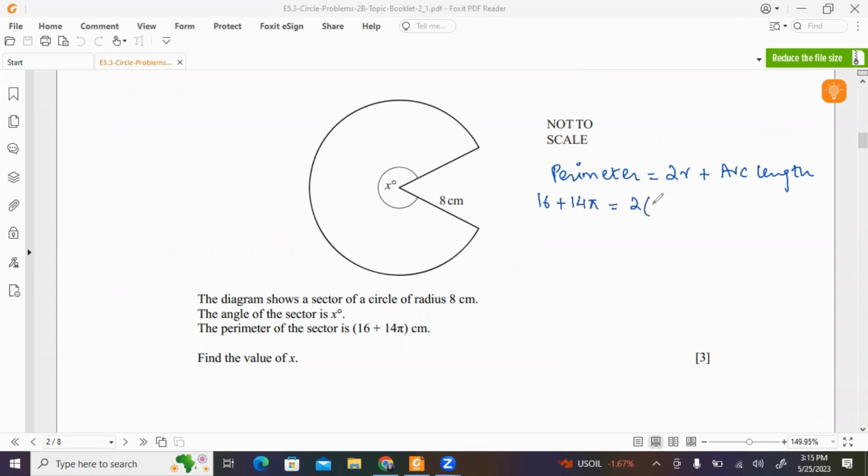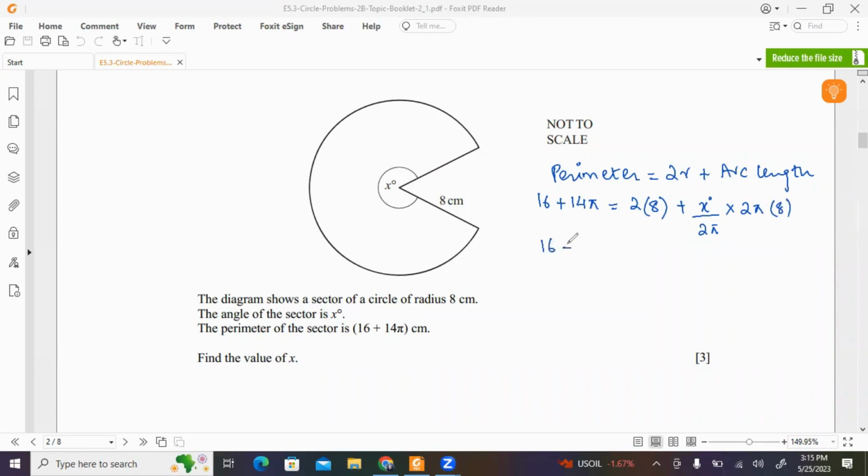Radius is 8. And arc length has the formula of angle, which is x, over 2 pi, times 2 pi r. The reason why I'm using 2 pi is because the perimeter is given in terms of pi, so let's just keep the angle in terms of pi as well.